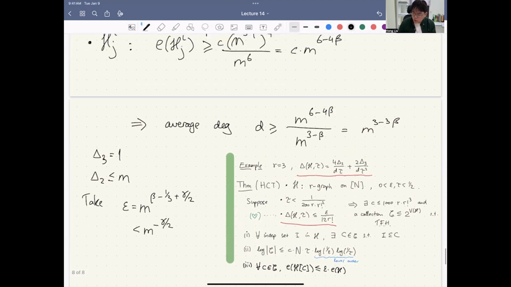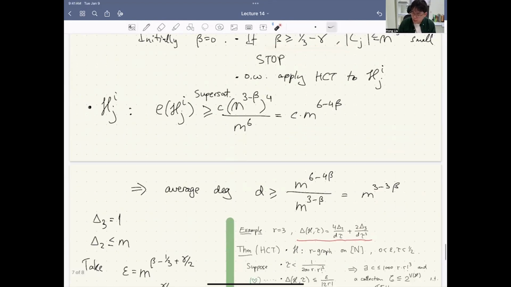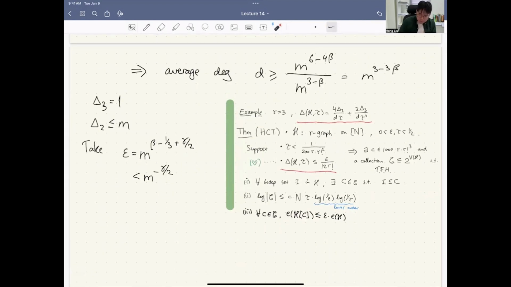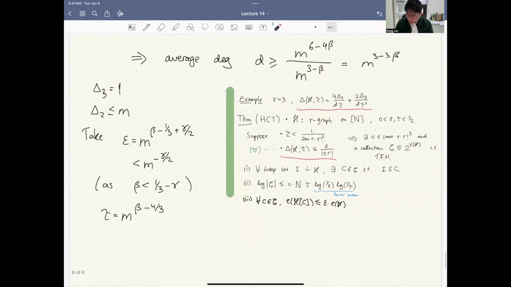Because we know beta is less than 1/3 minus gamma, right? As beta is less than 1/3 minus gamma. Otherwise, we are done already. So epsilon is small, and we're going to take tau to be m to the beta minus 4 over 3, as small as possible so that this holds. Right? Let's check.